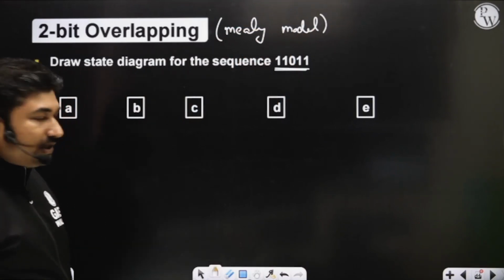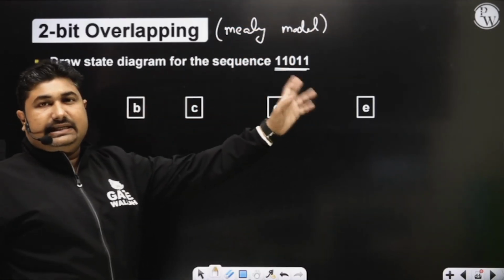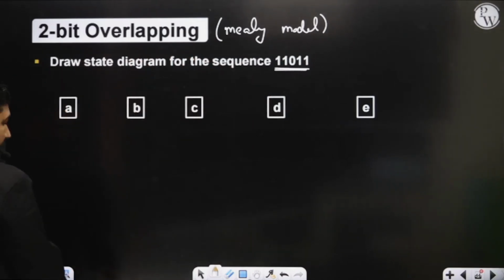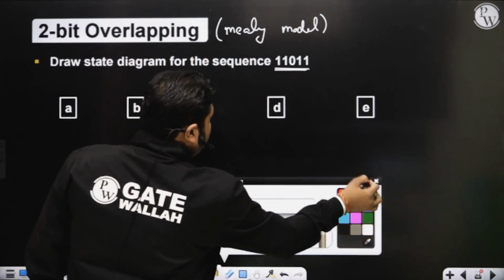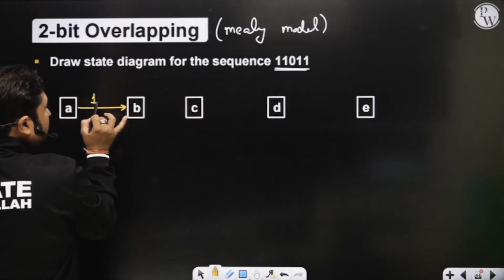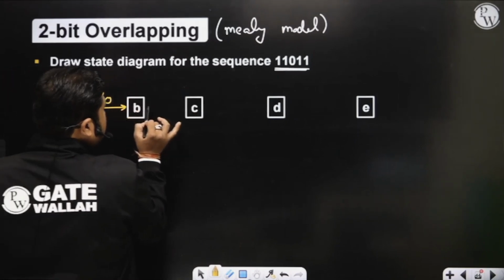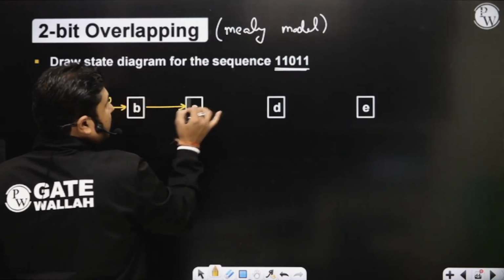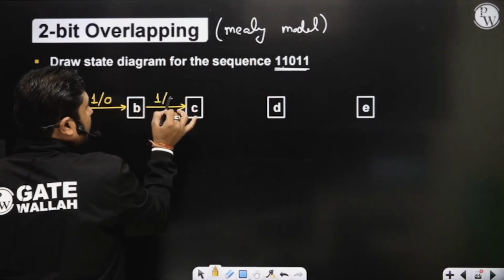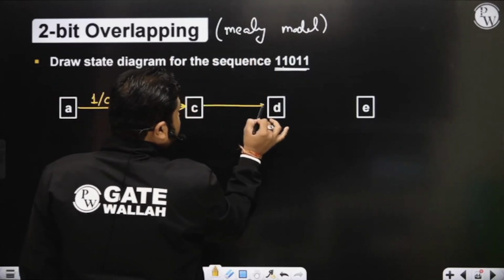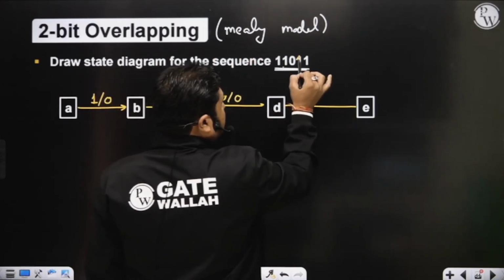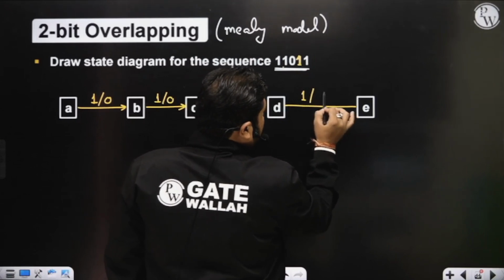5 states. So I am naming the states A, B, C, D, E, where A I am treating as the reset state, it means the 00 state. Okay? Yes, sir. Now, what is the sequence? If the input X is equal to 1, we reach the next state, output 0, because the sequence is not detected. If the state is B and again 1 input is coming, then the next state is C. If 0 is coming, the next state is D. If 1 is coming to the input, the next state is E, output 0.